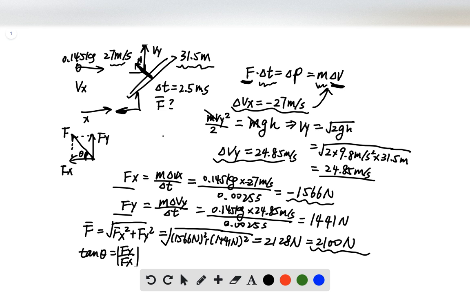So that is 1441 over 1566. So if you have a calculator and you just do theta equals arc tangent of this number, you will get theta around 42.6 degrees or 43 degrees. So that's the magnitude and the direction of the force we're looking for.